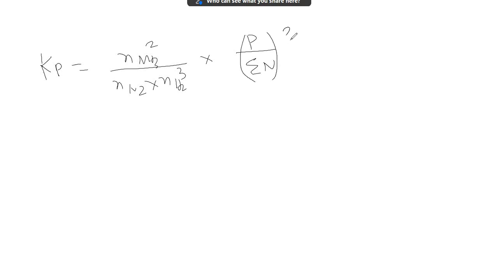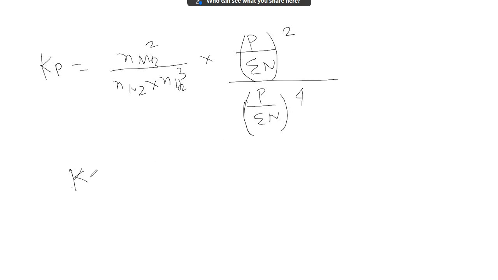Kp I can write as the moles part whole cube into what it will be? P by sigma n, it was square earlier, by P by sigma n to the power 4, one and three in the denominator.